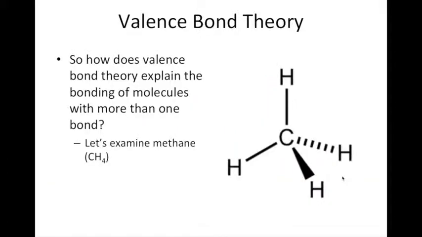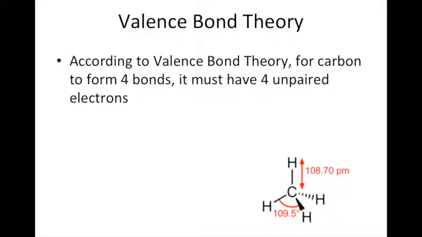So what if we have a molecule that has more than one covalent bond, something like methane, which has 4 covalent bonds? How does valence bond theory explain the bonding pattern here? Well, one thing that valence bond theory requires is that for our central carbon to form 4 covalent bonds, we must have 4 unpaired electrons.